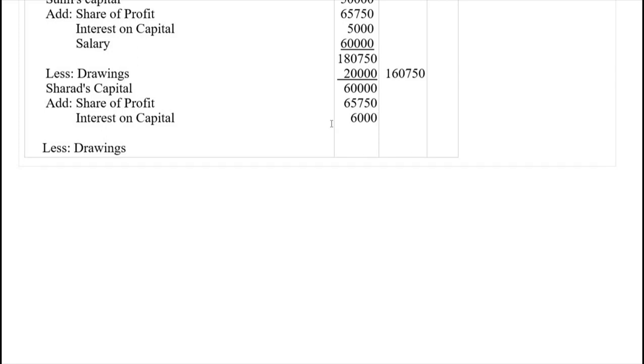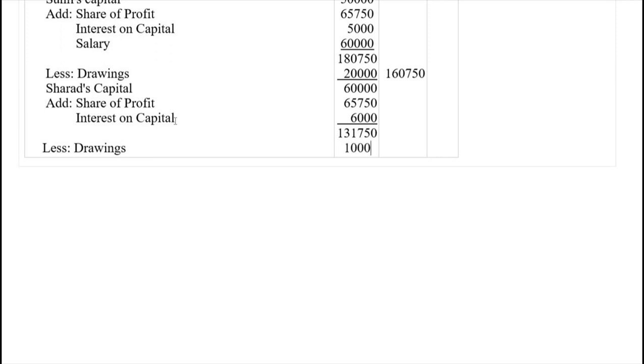So let me take the sum of all these three in the same column here. So it will be 60,000 plus 65, 1,25,000. So 1,31,750.